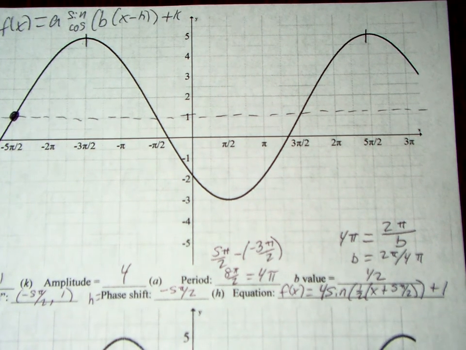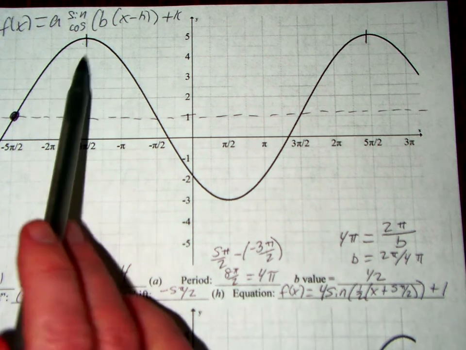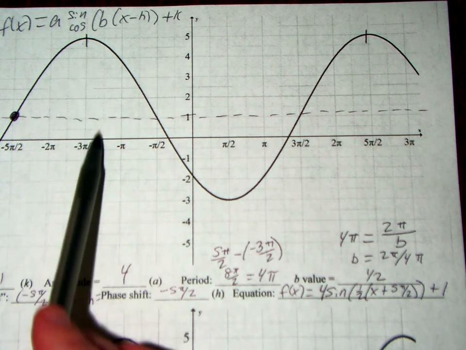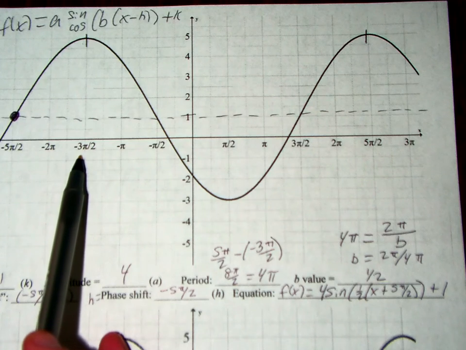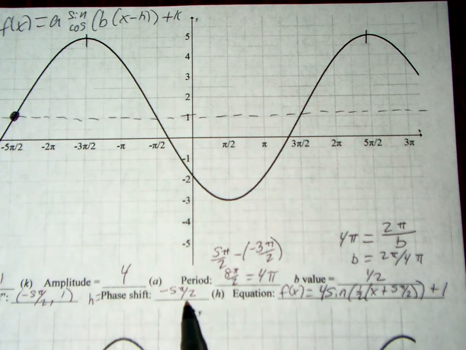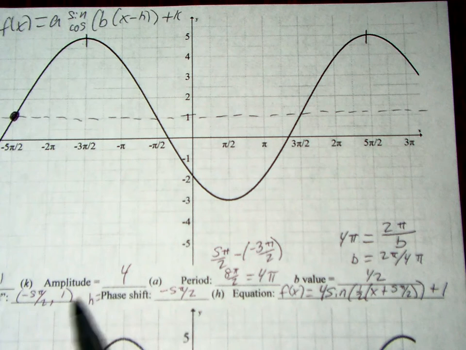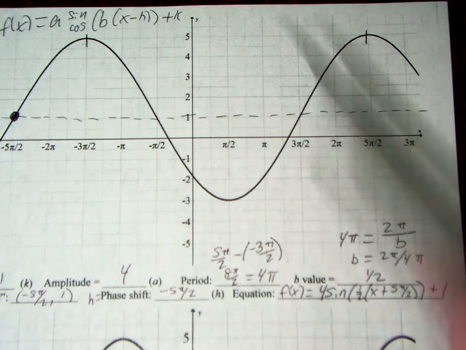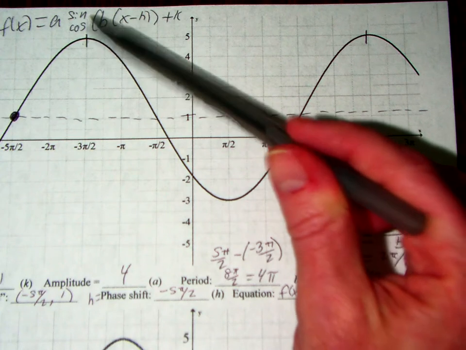Now let's talk about, for just a minute, what if I had chosen one of the other points? What if I had chosen this point up here at negative 3 pi over 2? Well, that would obviously change my phase shift to negative 3 pi over 2 and my starting point. But how would it change the equation? Well, if I'm starting at a maximum, now I would use a cosine.